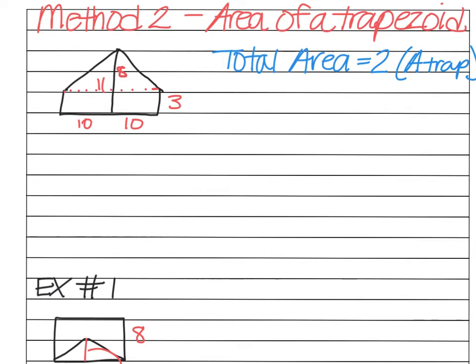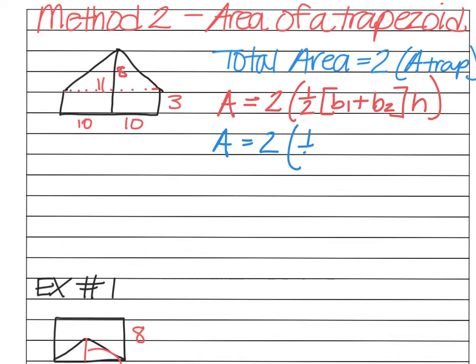The area of a trapezoid is our total area equals 2 times the actual area of a trapezoid. So let's plug what that is. Our formula was 1/2 base 1 plus base 2 times our height. So let's plug in what we know. We have our area equals 2 times 1/2. Our first base that we're going to plug in is going to be 11.